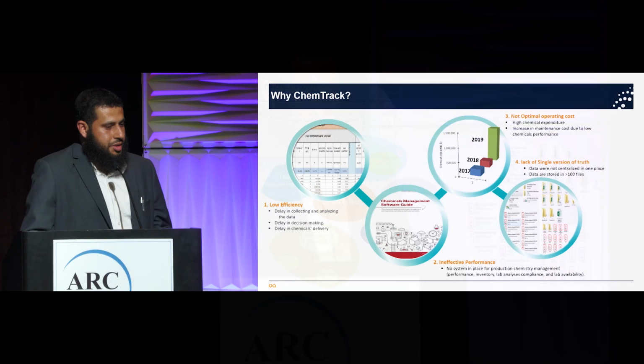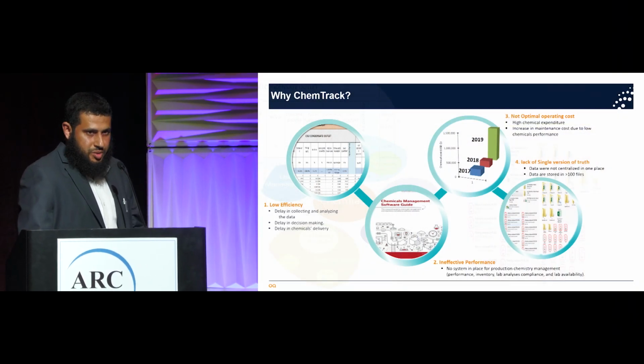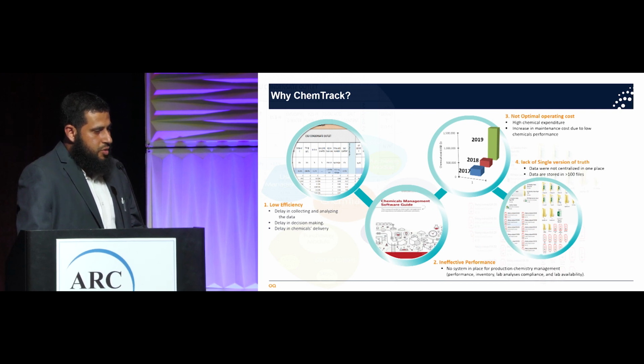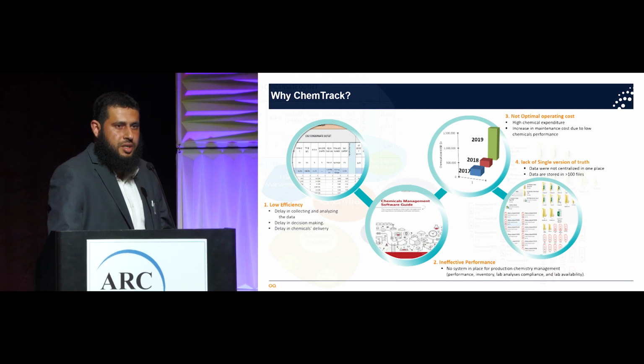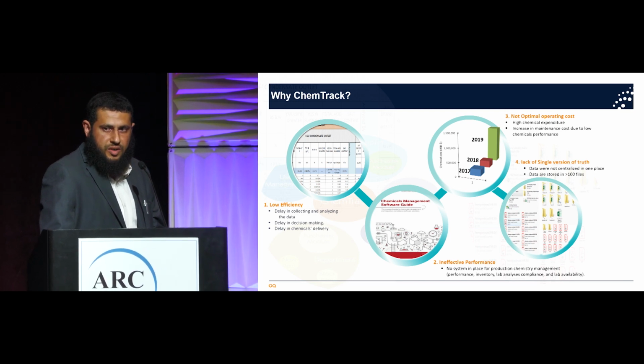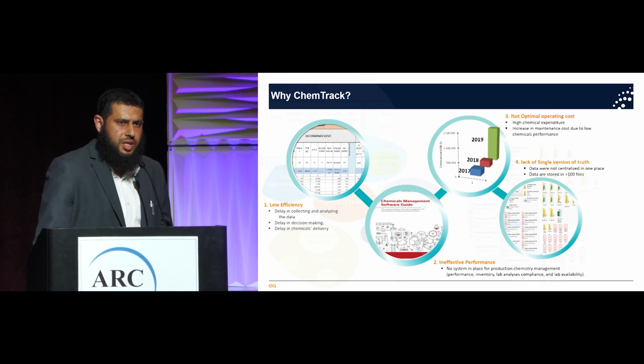So moving forward, from where we were struggling. Before the ChemTrack, life was not easy. In terms of low efficiency, there was delay in collecting and analyzing the data, which was scattered in different files. Imagine that we have more than 40 chemicals, and for each chemical we do more than 10 laboratory analyses.